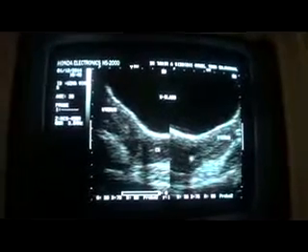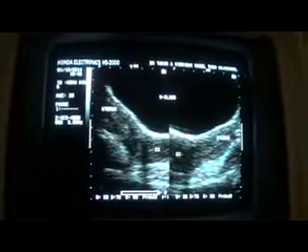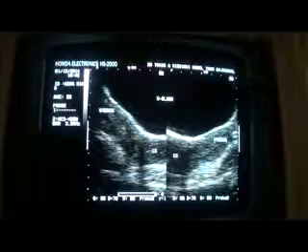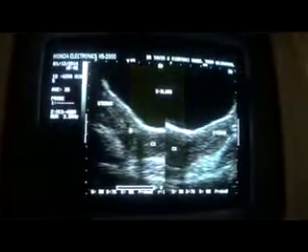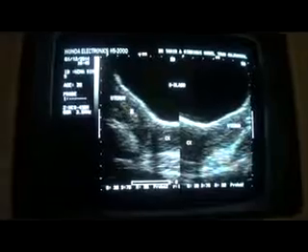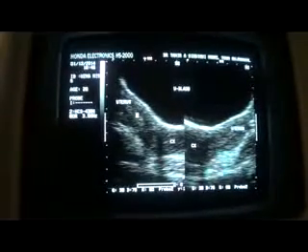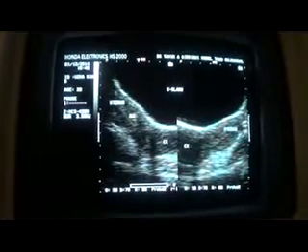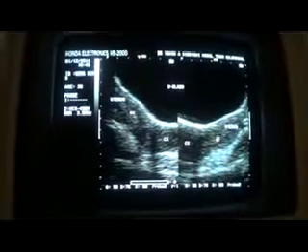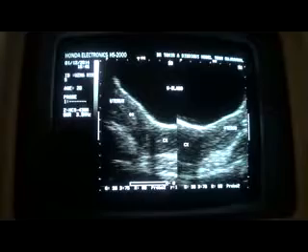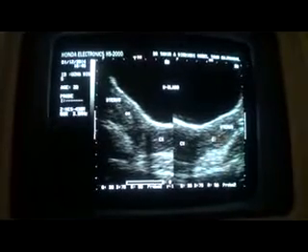This is the cervix of the right uterus. This is the cervix of the left uterus. And this is the endometrial lining, central clear, proliferative phase. This is the endometrial canal on the left side, central clear, no myometrial mass.